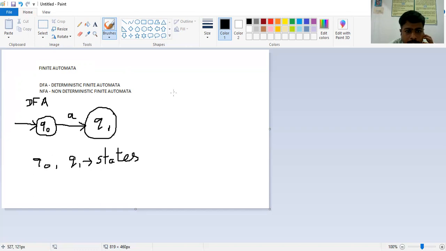In case of NFA, I am reading one input symbol. We consider this is my start state. I read the input symbol a, and it reaches more than one state. That is called NFA.